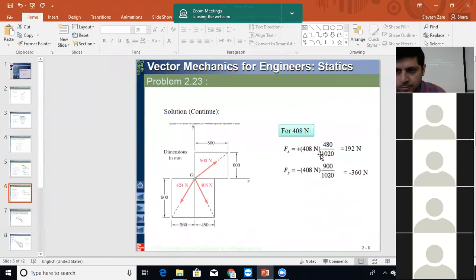So this time fx has positive sign because the projection of this vector on the x-axis would lie on the positive x-axis, and the y component on the negative y. That's why we have a negative sign for the y component. Okay, any questions? Any more questions here?